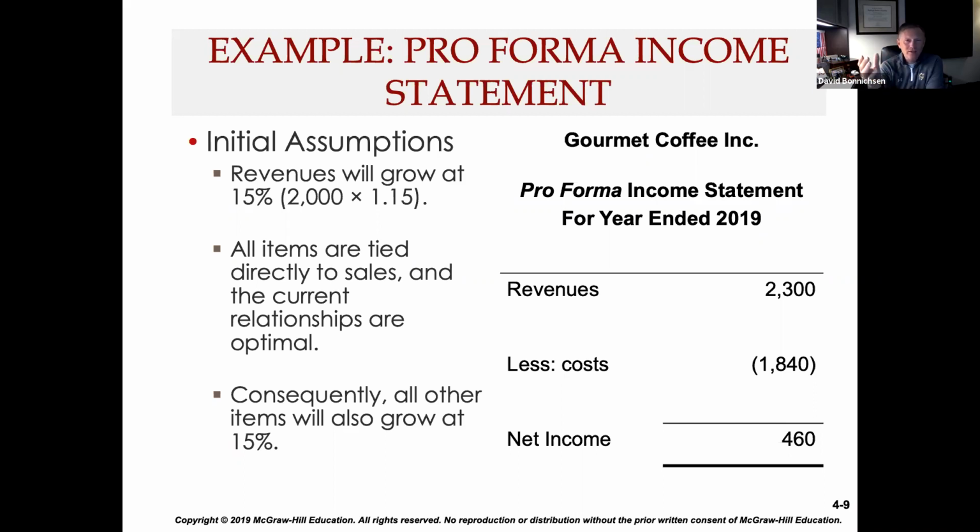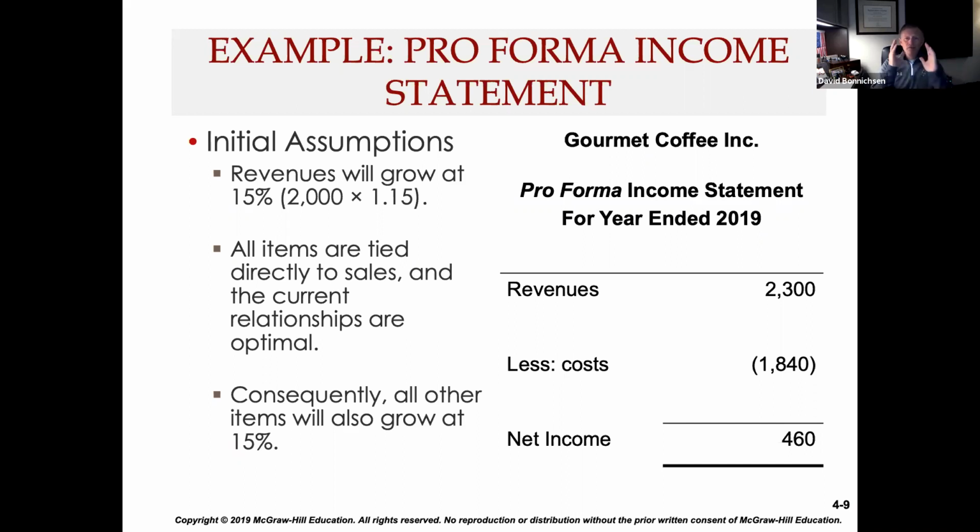If you are having to buy new fixed assets, then there is some relationship to sales, but you get to depreciate those assets over a 10, 15, or 20-year period, so it's not going to be the 15% increase that you would see on the other items within the income statement. We're going to go through that in further detail in a few minutes within Excel.